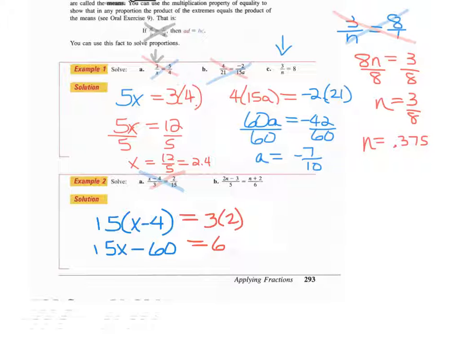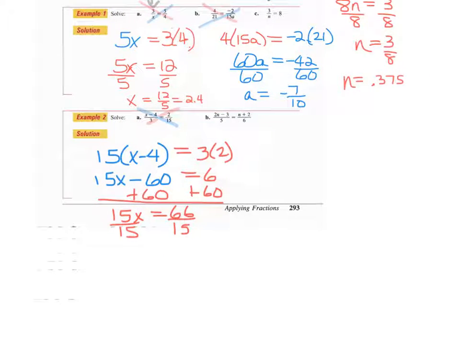And now I have a two-step equation that I can solve. I'll add 60. 15x equals 66. Divide by 15. I can reduce this. I can actually divide them both by 3. And I would get 22 over 5.